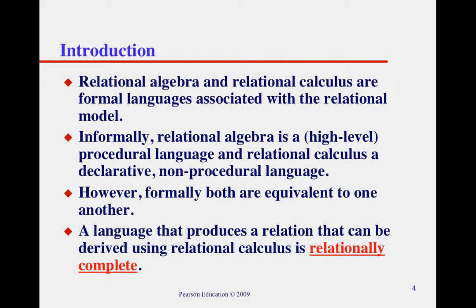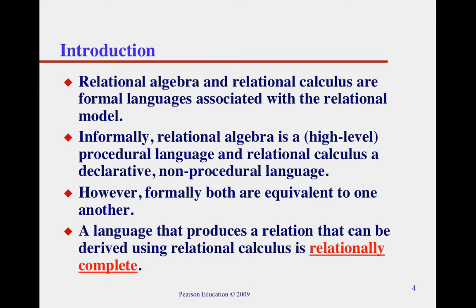So both the relational algebra and relational calculus are formal languages. When it was first developed, it was actually developed using the relational calculus. So that is considered the language that everything must be compared with.